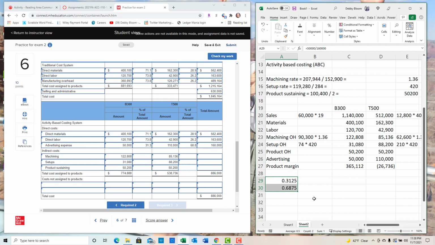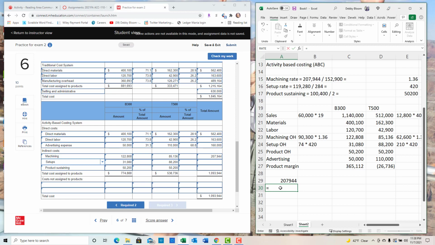So for machining, I'm going to take 122,808 and add 85,136 and get 207,944. And then take each one and divide by 207,944.